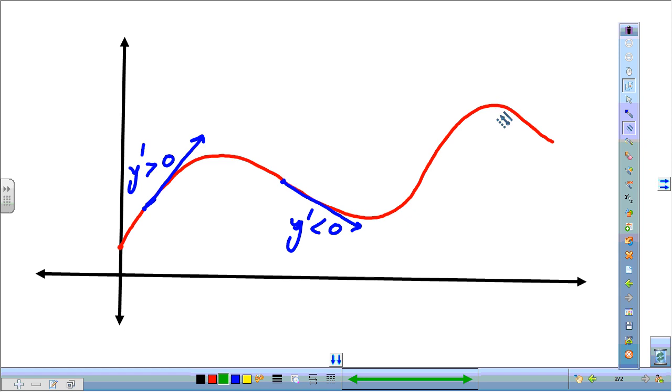Now, we're going to be concerned with these points where things seem to change. So if we wanted to operate at the best profit, we would try to go toward a peak. So over in here, try to go this way.